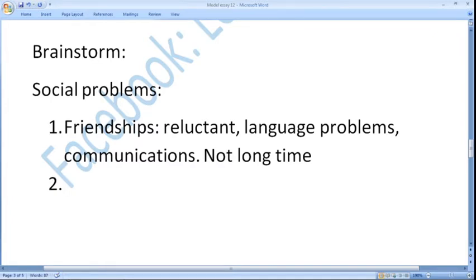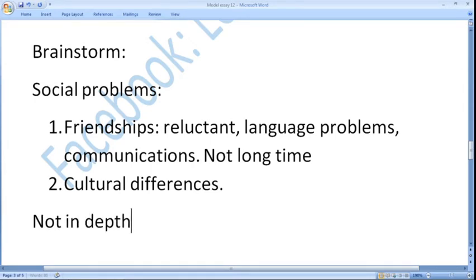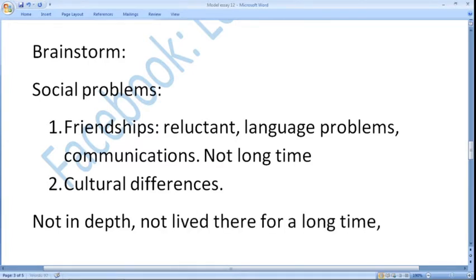So the other social problem would be cultural differences. What cultural issues or differences? For example, you cannot understand their culture in depth because you have not lived there for a long time, since childhood, something like that.